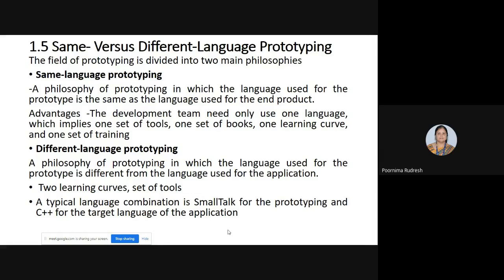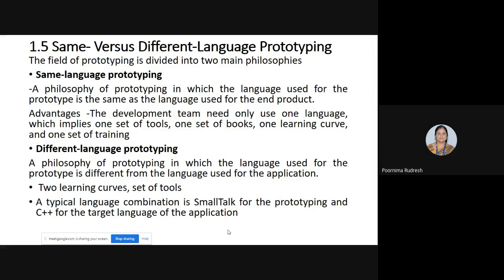Because if one team involved in prototyping is using one language to develop that, and another team involved in developing the product is using a different language, then we have to give separate training for the design team as well as for the implementation team. Similarly, we have to use separate sets of tools, separate sets of books, and two learning curves are to be used for the different language prototyping.